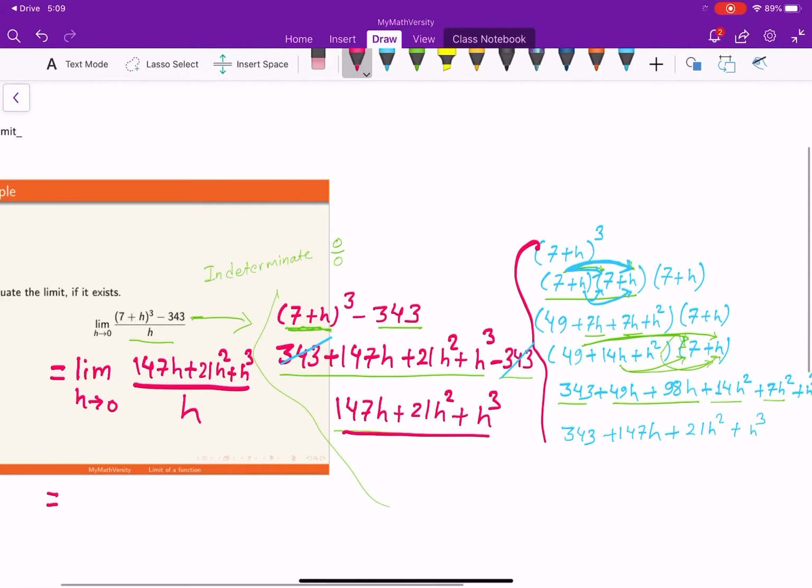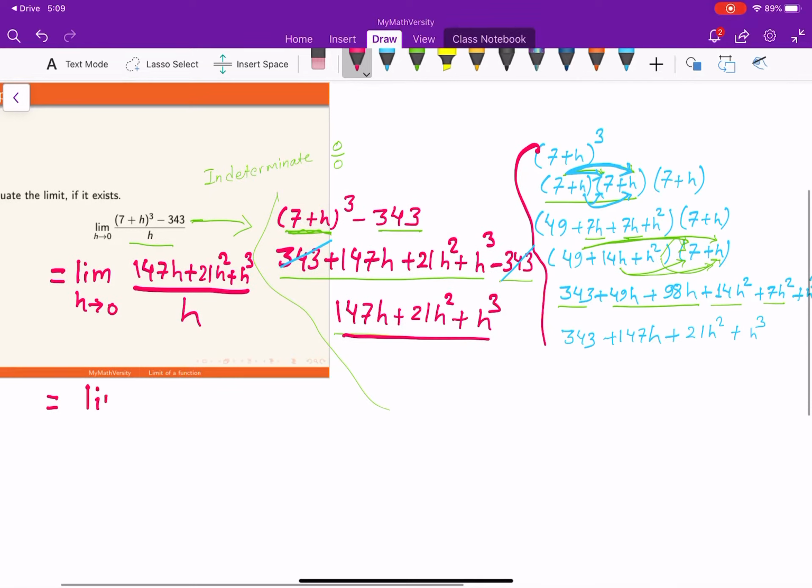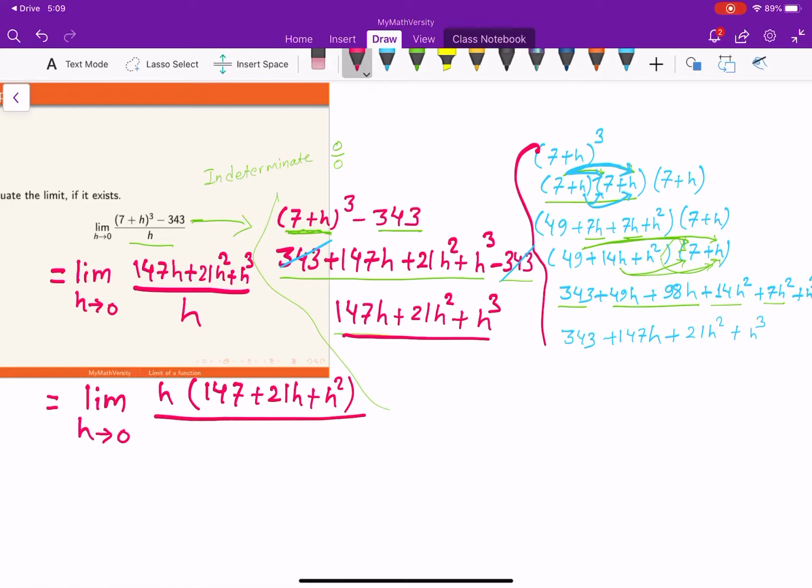But now actually I can see on the numerator, if I take the h out as a common factor, I'll get 147 plus 21h plus h square, right? And everything under that will be just h. All the work that I have done over here, remember, like I said at the beginning, I need to take out the 0 common factor, right?